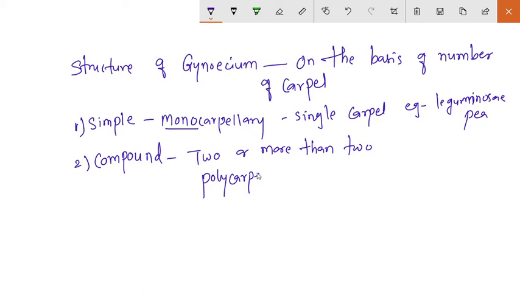Poly means many carpels. Okay. So it is also known as polycarpellary or compound gynoecium.